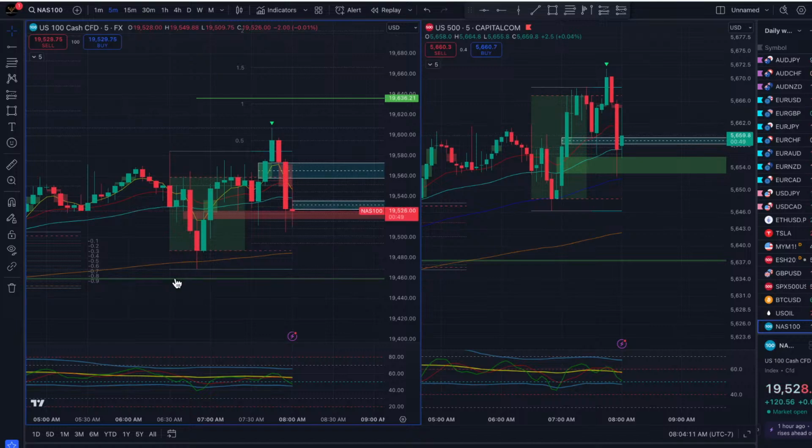Now I want to see rejection and engulfing. So far, no rejection. 25 seconds left. If this closes below, then our fair value gap is moot.